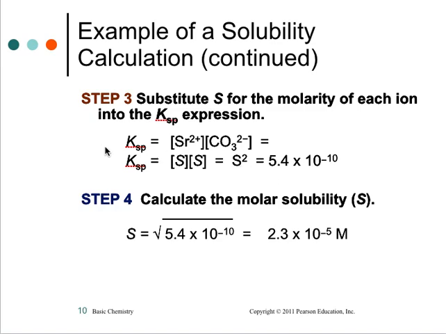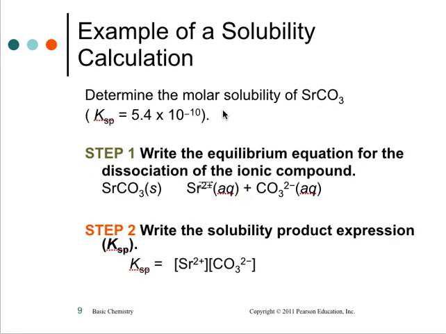You don't square this because this is the Ksp. That's what was given. So S squared equals this, you take the square root of it, which is 2.3 times 10 to the negative 5. Okay, that is the molarity, the molar solubility.